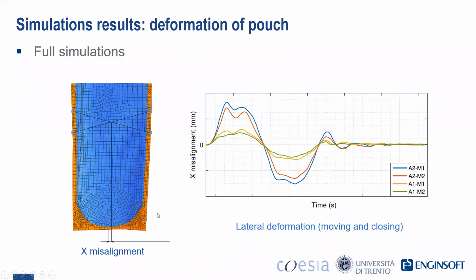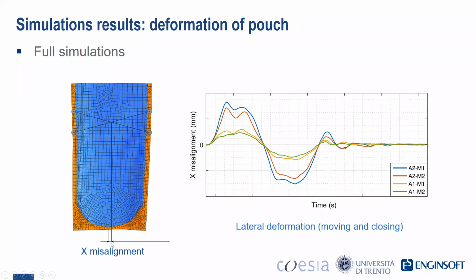Another type of analysis that can be done with this coupling is the analysis of the deformation, defined as lateral deformation of the pouch. So here we really see the key results of the simulation that we are discussing.